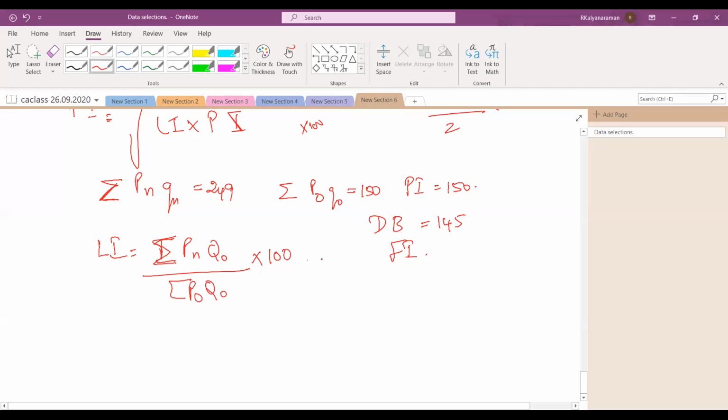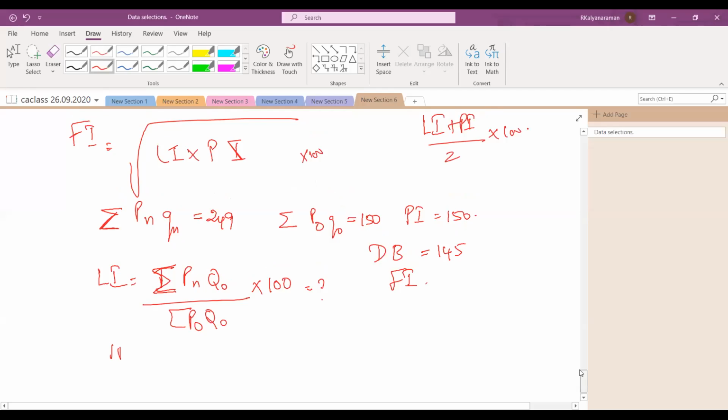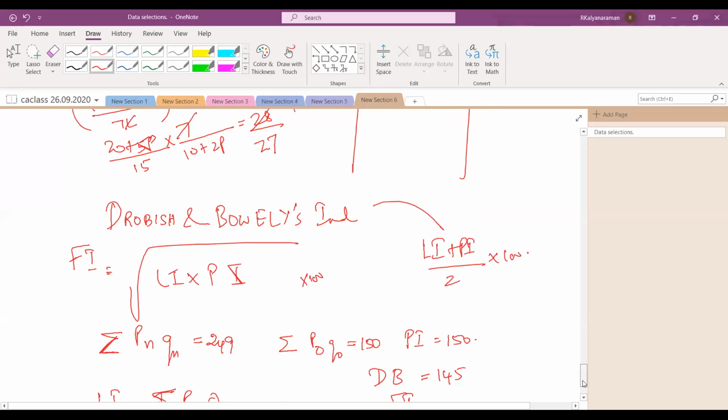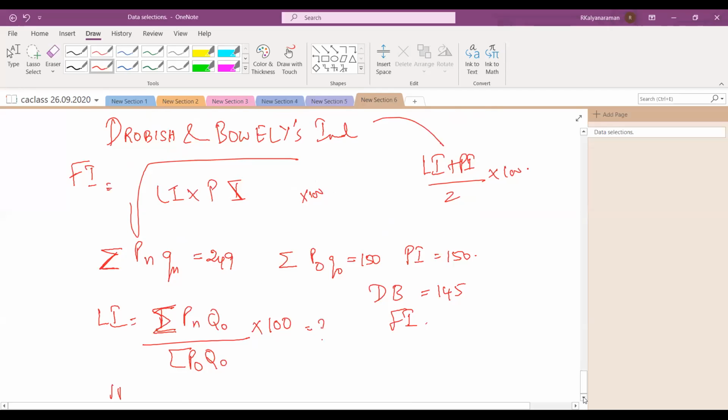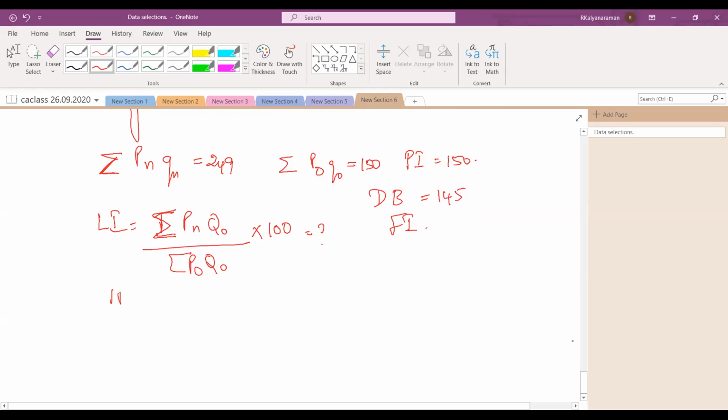And this is given as, we do not know. Paasche's index number, you will see whether Laspeyres' index number is given. Paasche's index number is given. Drobish and Bowley's index number is given.